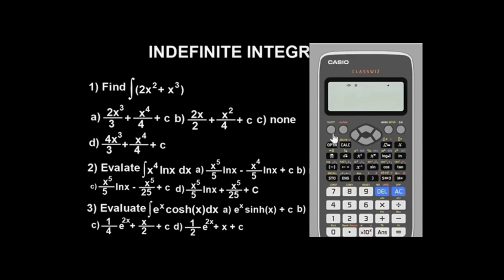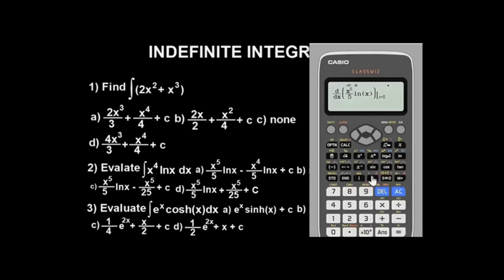So you go to shift, this divided by this, the integral button, you see the fraction come out. Then let's use option A. We have the integral of x raised to power 5, x to the power 5 over 5. Very simple, guys. Then we have ln x dx, close the brackets.